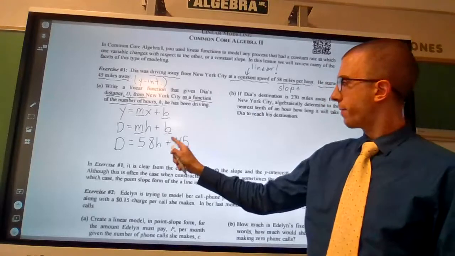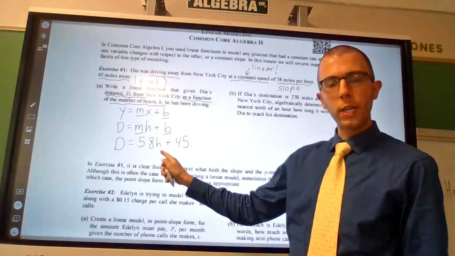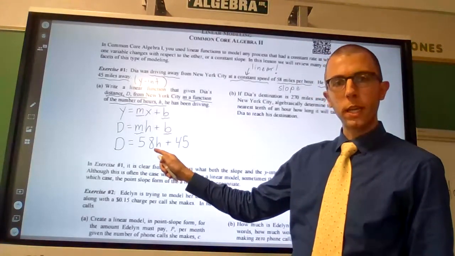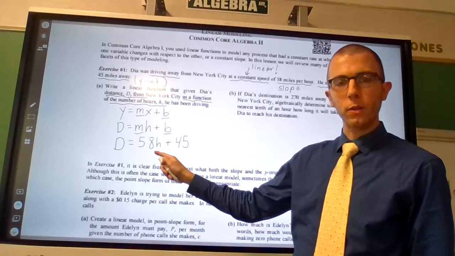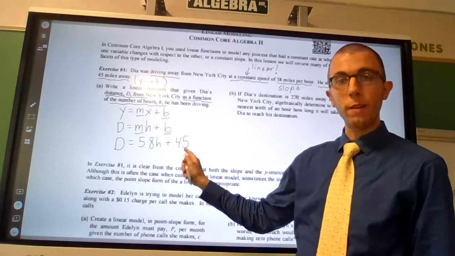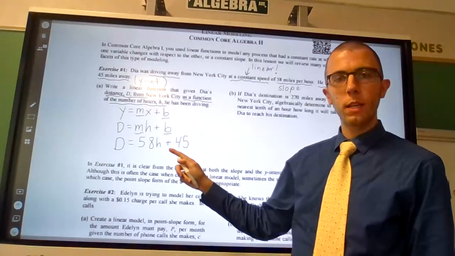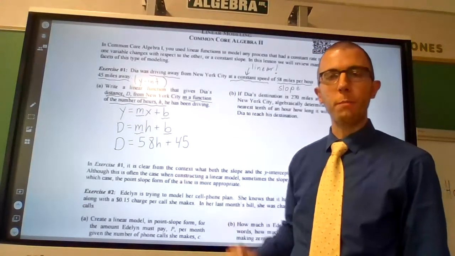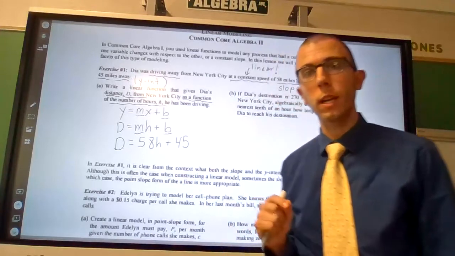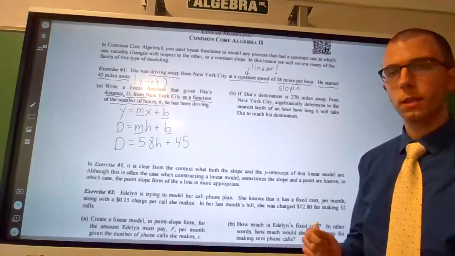This shows that for every hour that he is driving, he gains 58 miles from his already 45 miles away. So he starts 45 miles away and increases that by 58 miles with every hour that passes.